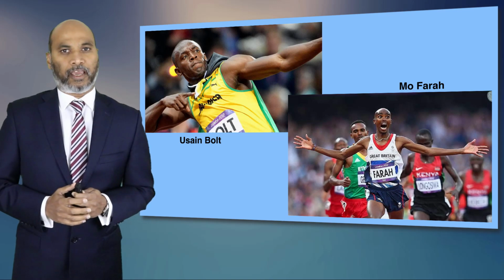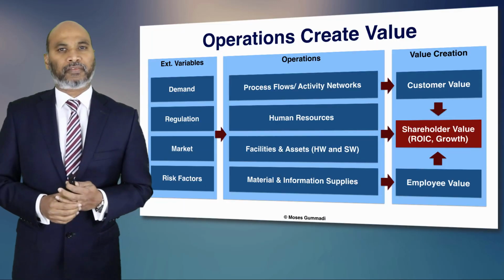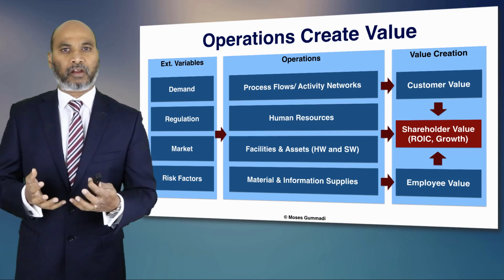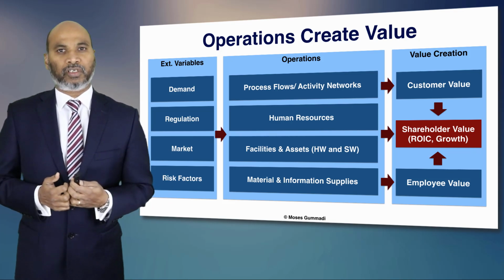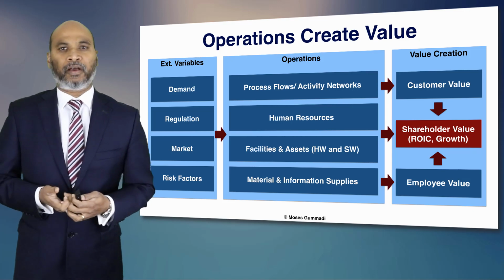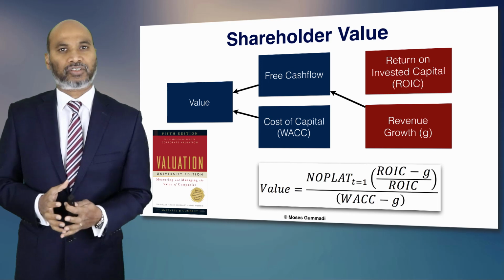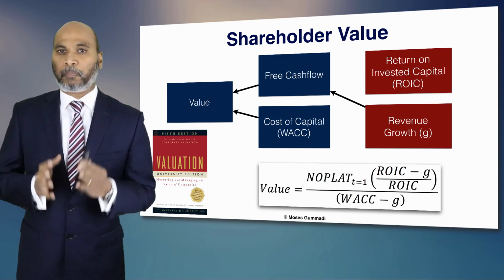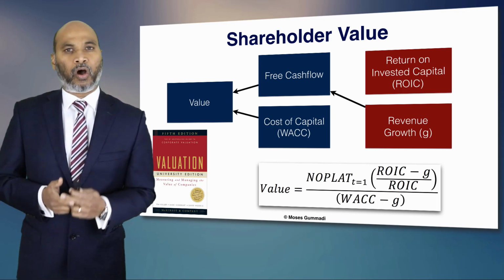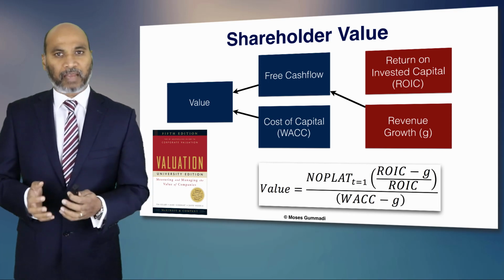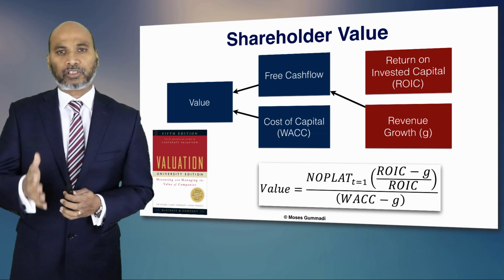First of all, how do you want to play your game? Okay, coming back to the shareholder value, right? We were talking about the positive outcomes the operations need to generate, and we talked about customer value. Now we'll talk about the shareholder value. So shareholder value essentially, mathematically, depends upon the return on the invested capital of your business, which can be connected to the operations, and also the revenue growth.